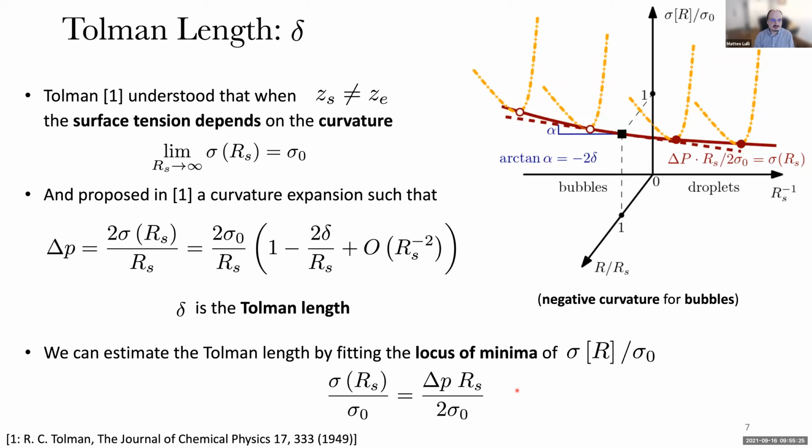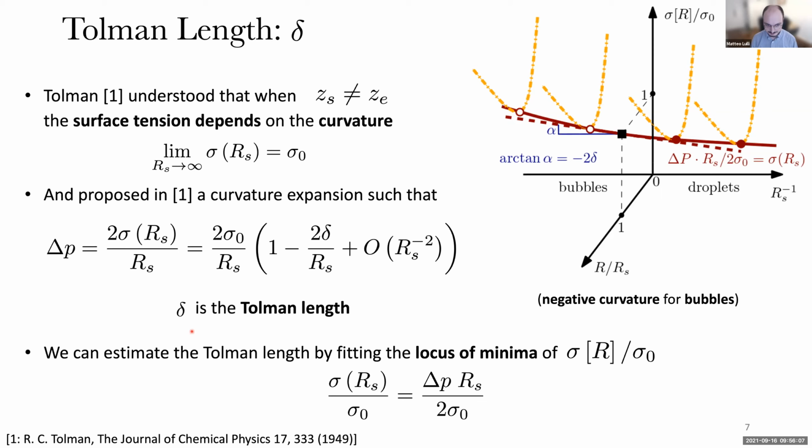Of course, this curvature-dependent surface tension is expected to regain the flat interface value in the zero curvature limit, or the infinite radius limit. Tolman proposed a curvature expansion, like a power series expansion of the surface tension. The zeroth order is simply the flat surface value. The first order has a coefficient given by twice the Tolman length.